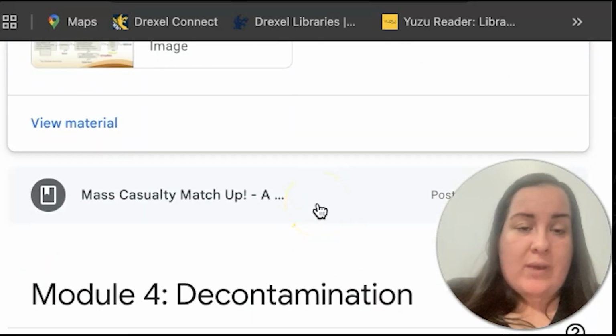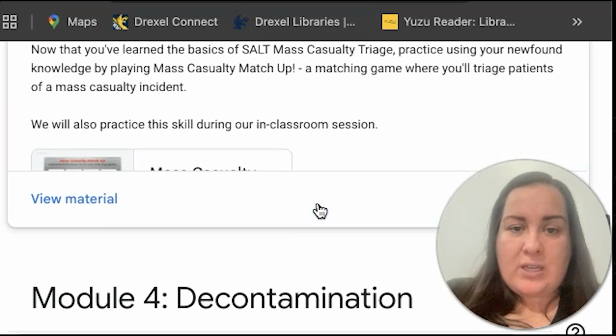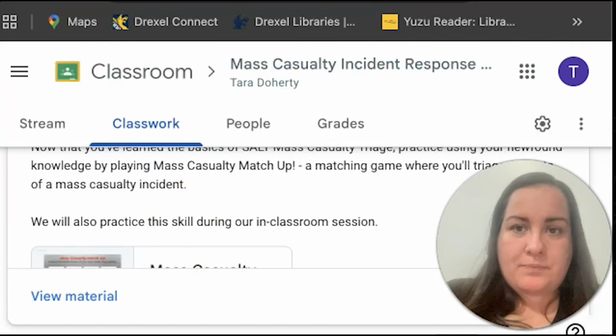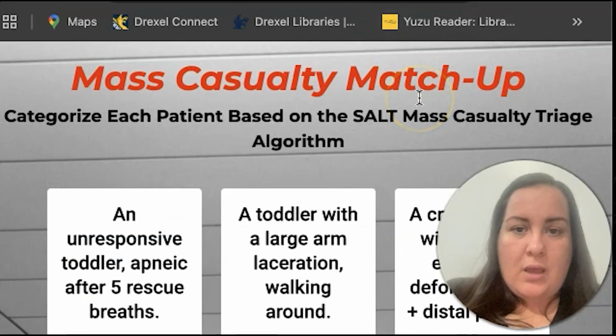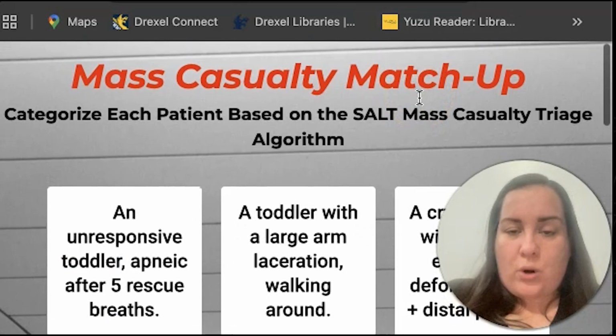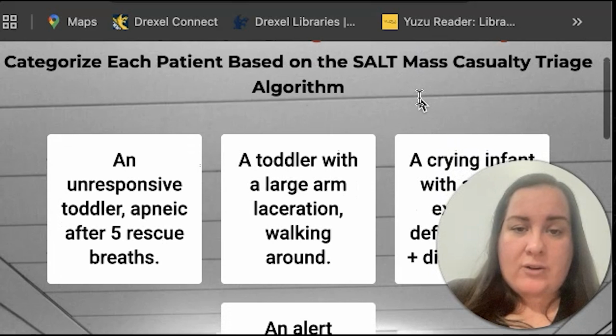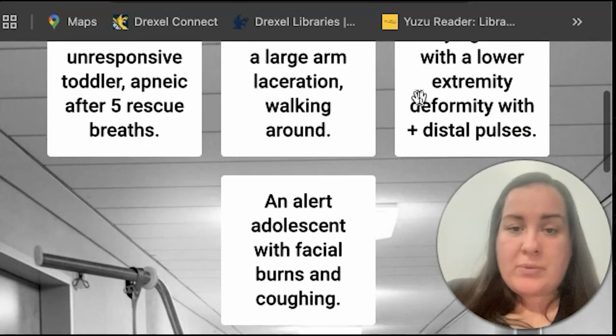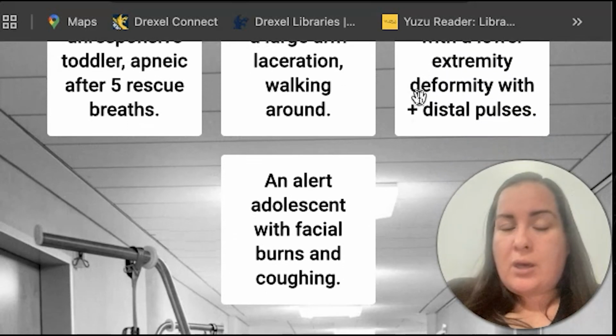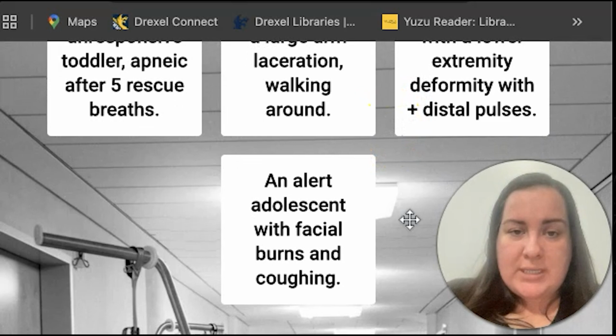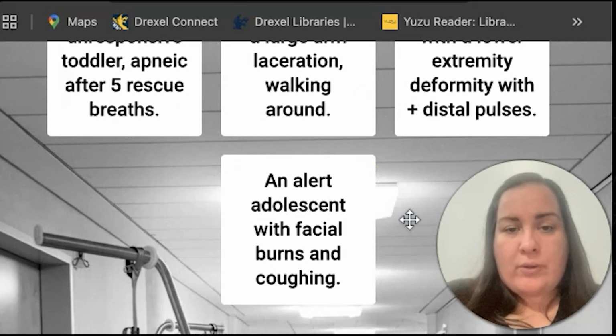There's also a game as far as my gamified learning activity. You can see the mass casualty matchup. This is just a short example of it for you, but I had them categorize each patient based on the algorithm that they learned through either the lecture presentation, the video, or the algorithm.